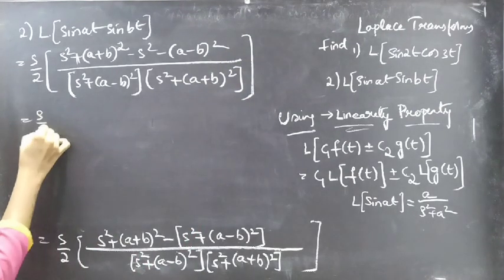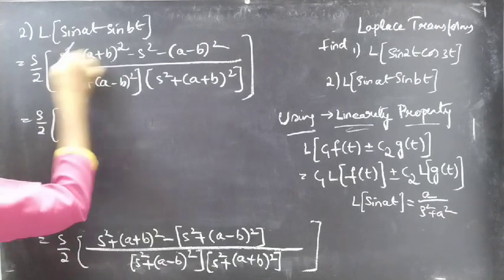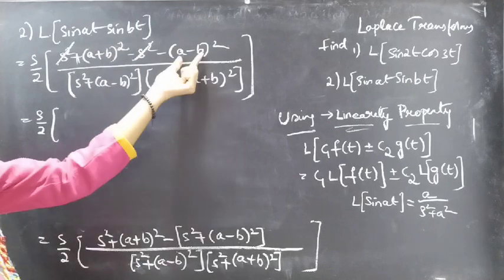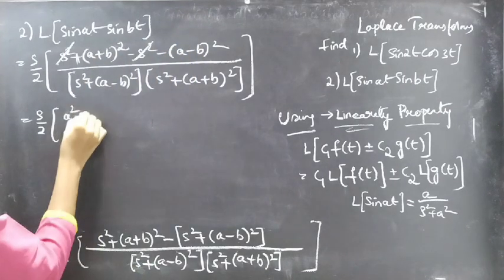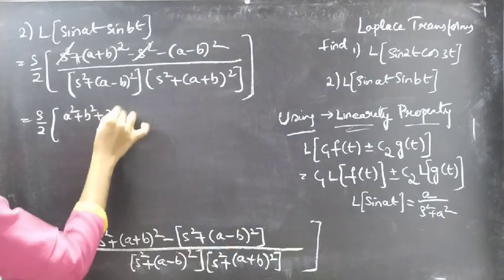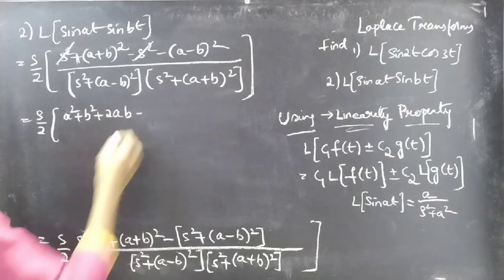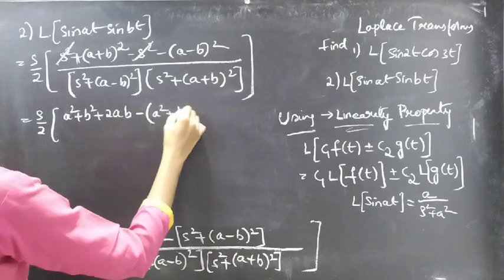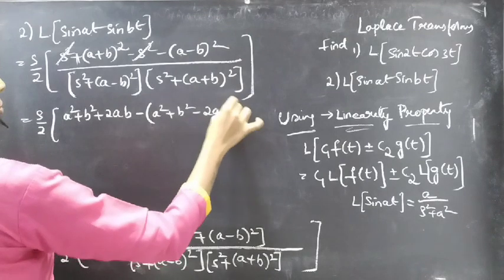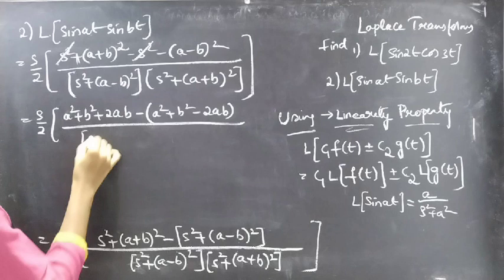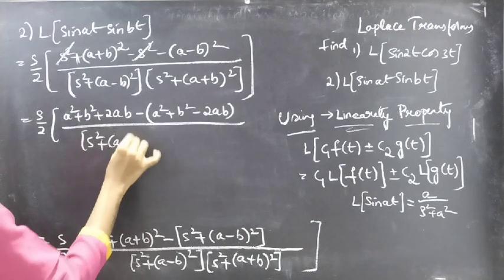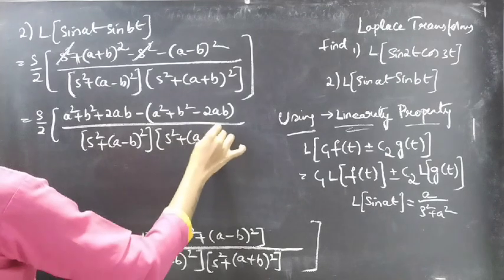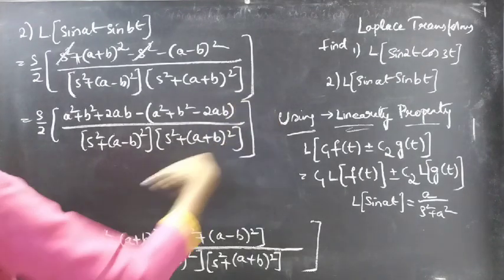This gives us s by 2 into, here plus s square minus s square gets cancelled. Now expand (a plus b) whole square and (a minus b) whole square. We'll get a square plus b square plus 2ab, minus of (a minus b) whole square, whose expansion is a square plus b square minus 2ab, by s square plus (a minus b) whole square into s square plus (a plus b) whole square, right?